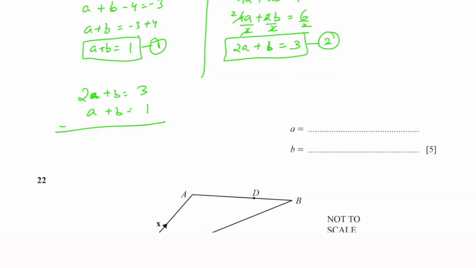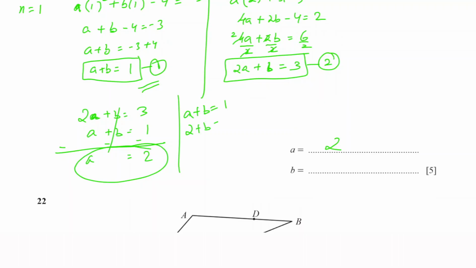And plus b minus b gets cancelled out, so 3 minus 1 is 2. So the value of a is 2. Okay, so putting the value of a as 2 in any of the equations, let's say the first equation, a plus b equals 1, with a as 2, b will be 1 minus 2, so b equals minus 1. So this is your final answer.